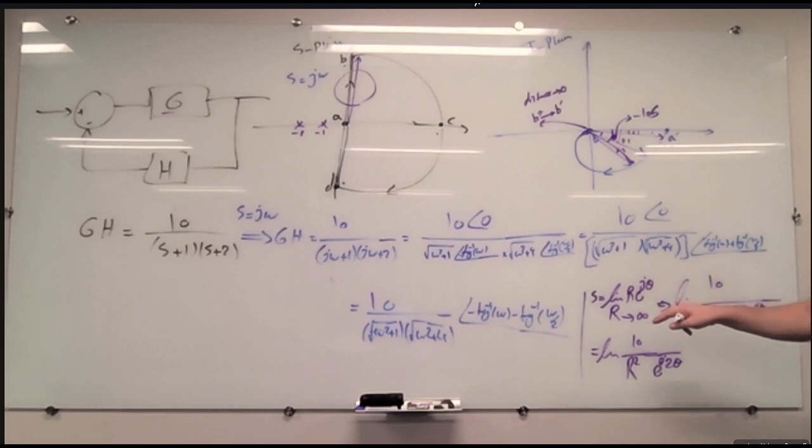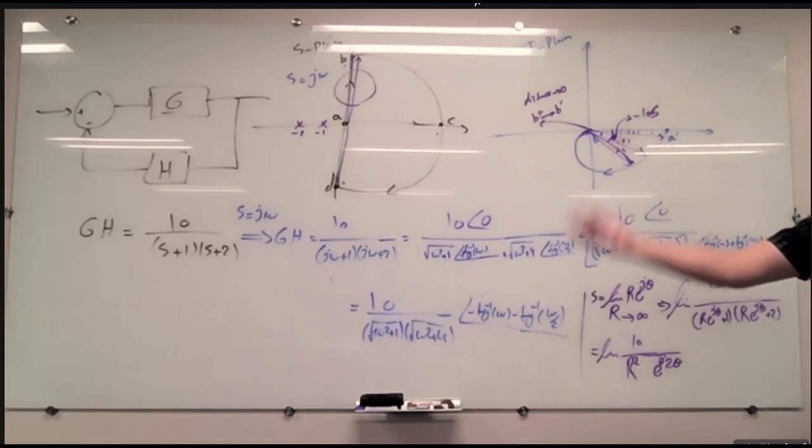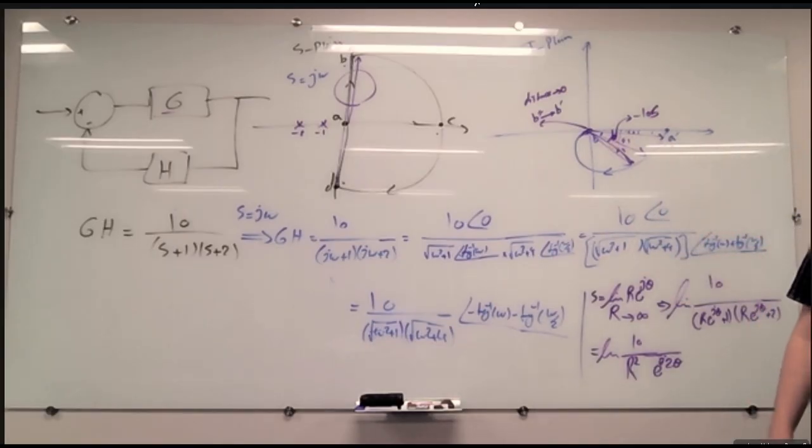Same, it is the Euler representation of that phasor that we had. Are we good? Now if R goes to infinity, this 1 and 2 would not affect anything. So we have R e^j theta and R e^j theta multiplying to each other. So we are going to have R squared e^j 2 theta. Are we good?